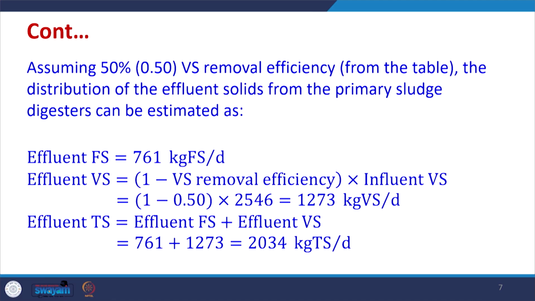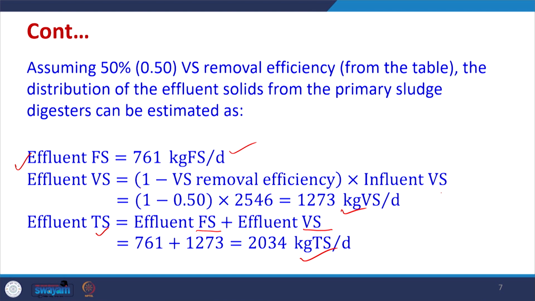If we assume 50% volatile solid removal efficiency, the distribution of effluent solids from this digester can be estimated as follows: the effluent FS will be the same as earlier, and the effluent VS will be 1 minus the removal efficiency, times the influent VS. The effluent total solid will be effluent fixed solid plus effluent volatile solid. If you add them together, 2034 kg of total solid will still be discharged after digestion.